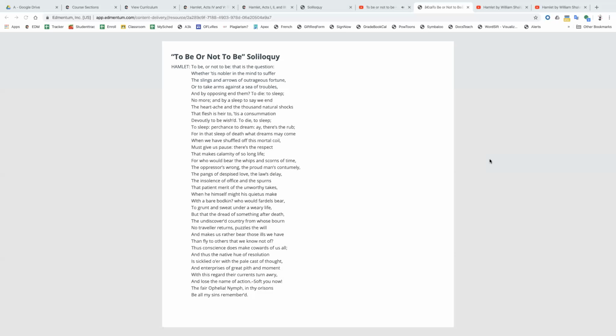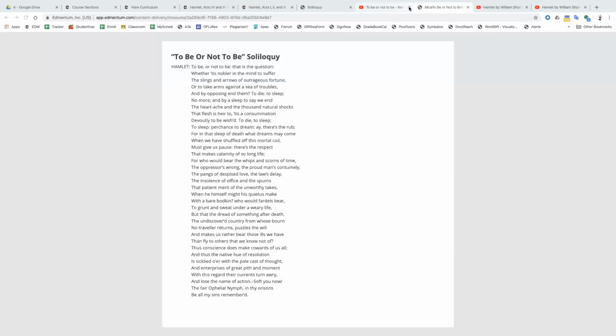Thus conscience doth make cowards of us all, and thus the native hue of resolution is sicklied o'er with the pale cast of thought, and enterprises of great pith and moment with this regard their currents turn awry, and lose the name of action.